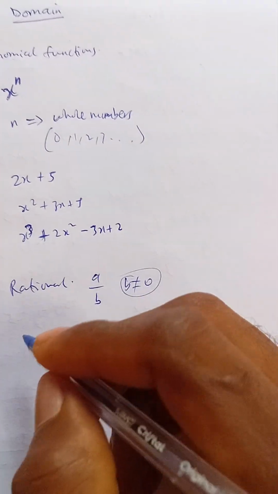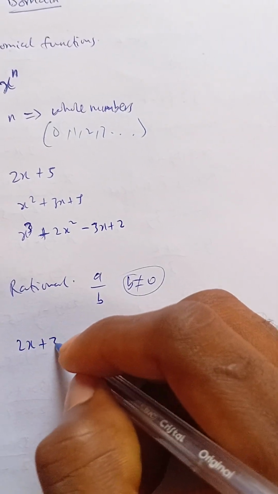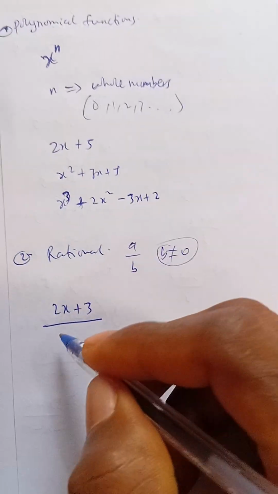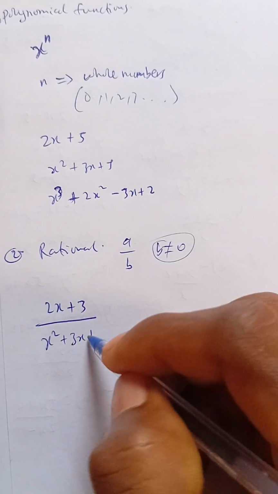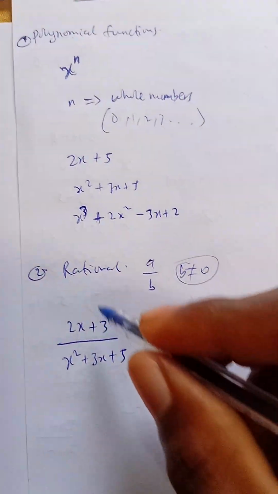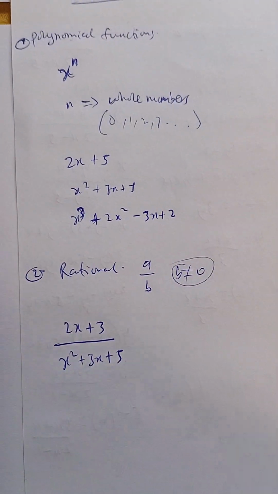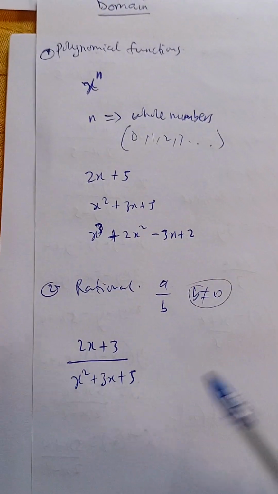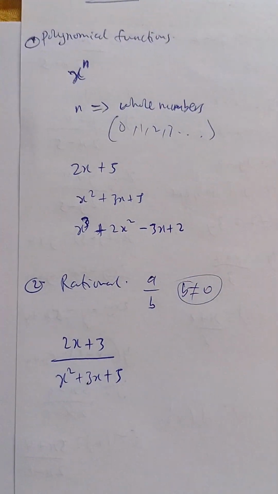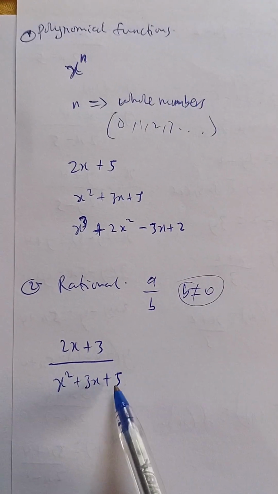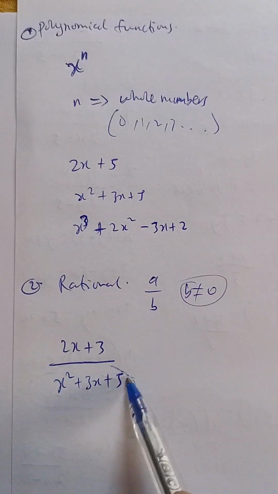So a rational function is a ratio of two polynomials. So this is a polynomial. This is also a polynomial. Because it's a ratio of two polynomials, it has become a rational function. And here the domain is not all possible real numbers, because we do not want the denominator to be 0.